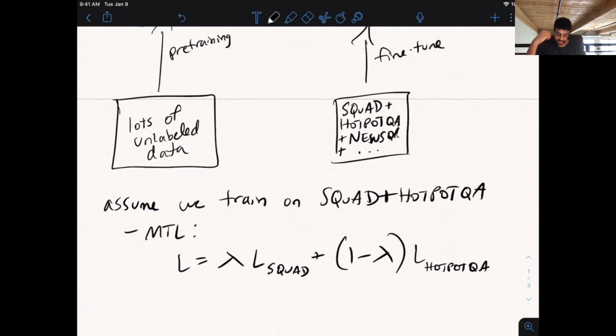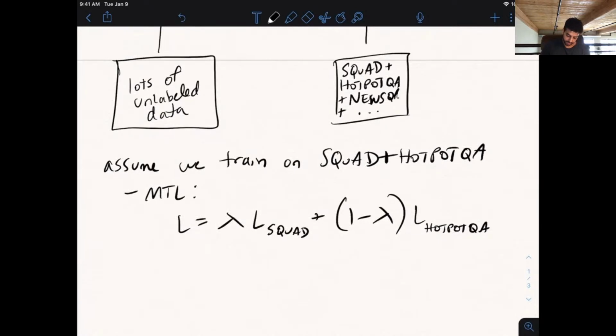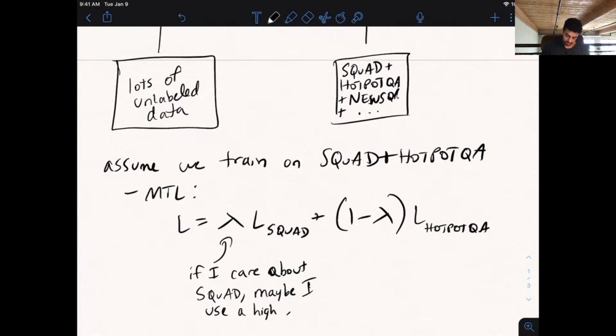So in this setting, if I care about SQuAD, maybe I use a high lambda here. Of course, lambda is between 0 and 1.